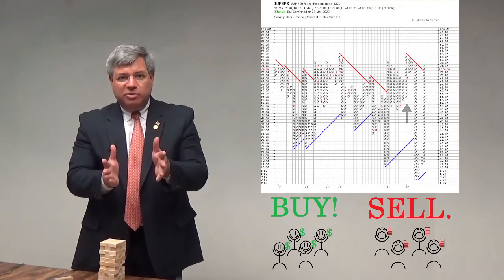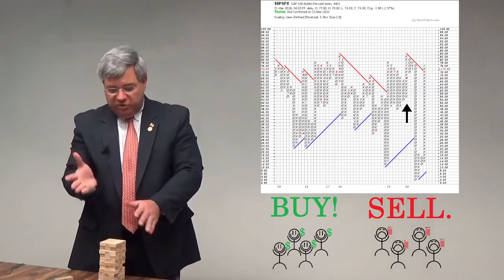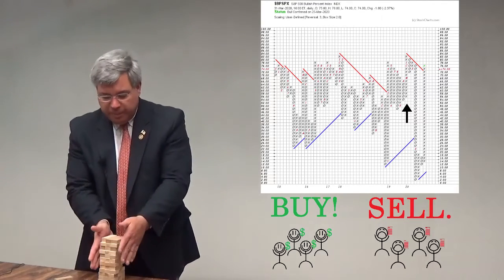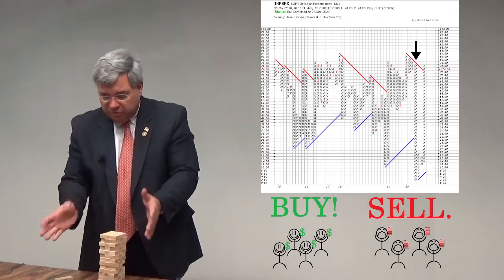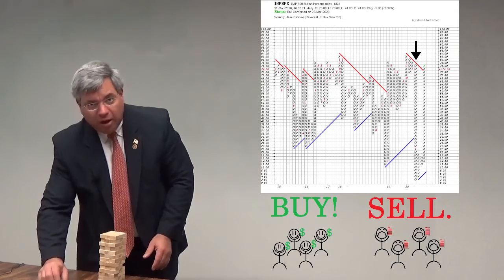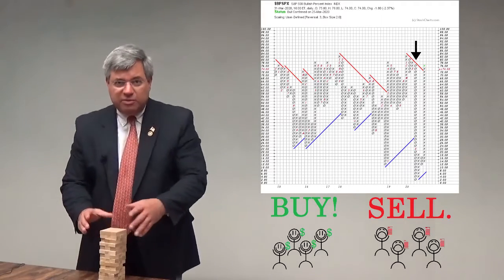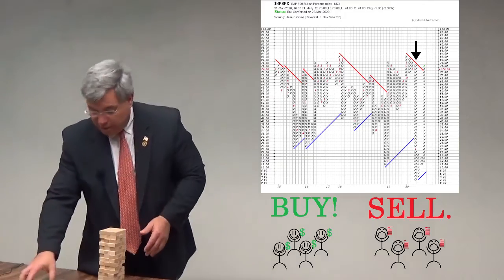Here, a column of X's means that enough stocks have gone back on buy signals that the percentage of stocks that are on buy signals is improving. And when stocks go on sell signals, if enough stocks do that, then a column of O's appears, and that means that the percentage of stocks on buy signals is now declining in the market.